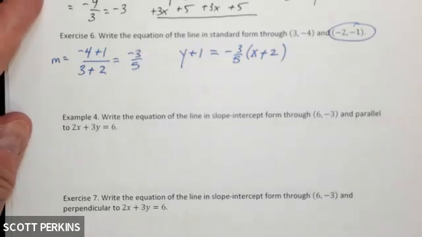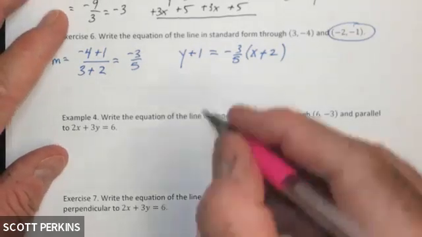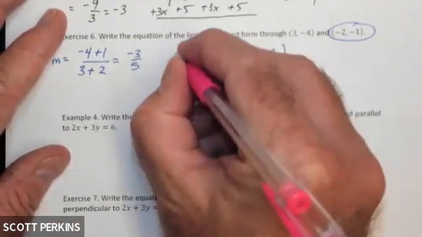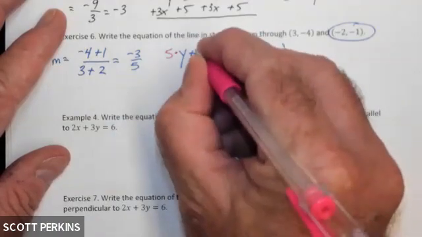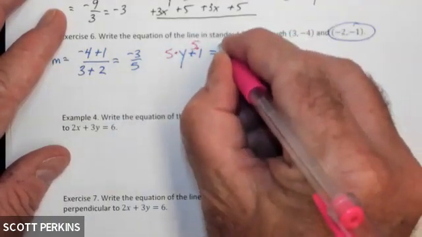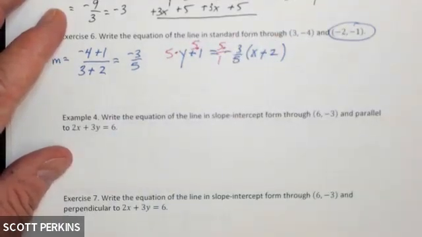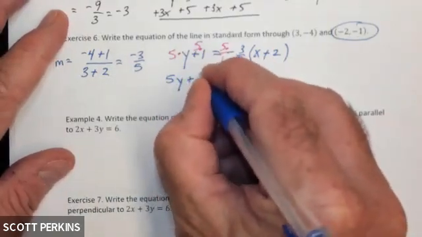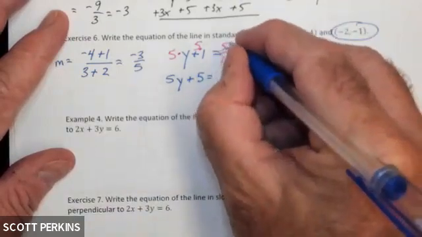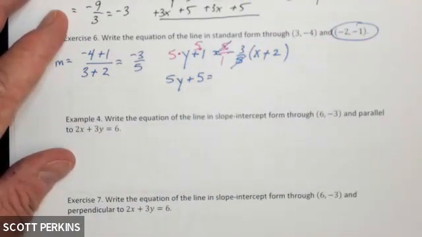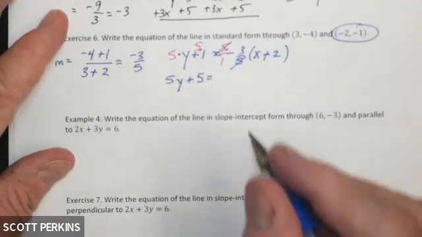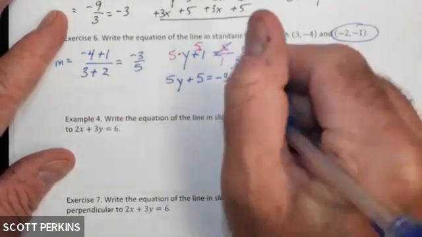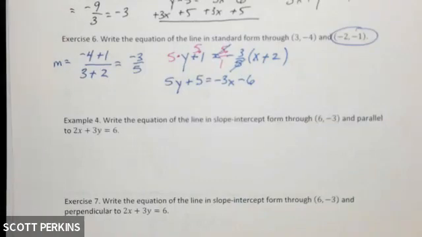I need to get rid of that fraction for my standard form. This is my last standard form problem on the sheet. So I'm going to multiply everything by 5. On the left, I have 5 times y plus 5 is equal to, on the right, the 5's cancel, and I have that -3, so it's -3 times x is -3x, -3 times 2 is -6.